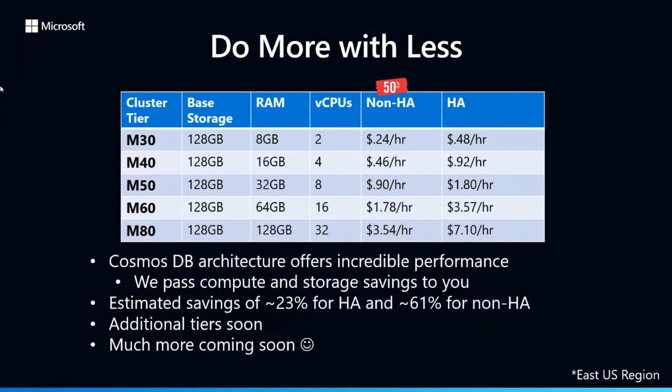As I mentioned, we pass all the savings directly on to you. And you can see with the different types of cluster tiers, we have many choices for you to choose from. As mentioned down below, we'll continue adding additional cluster tiers, and there's much more coming soon in terms of pricing and TCO and ways you can do more with less.